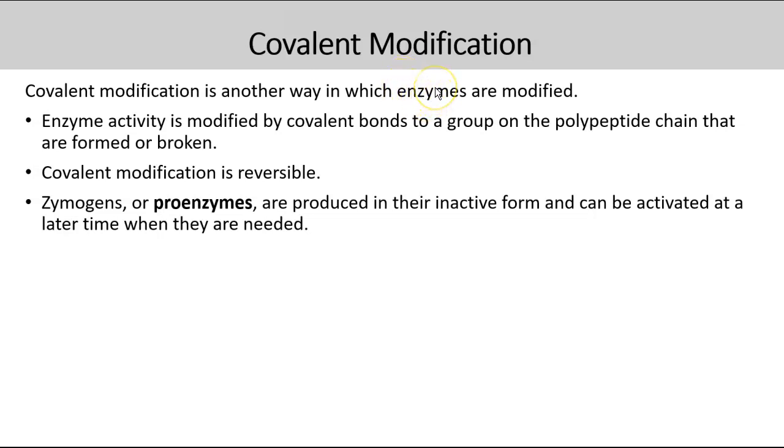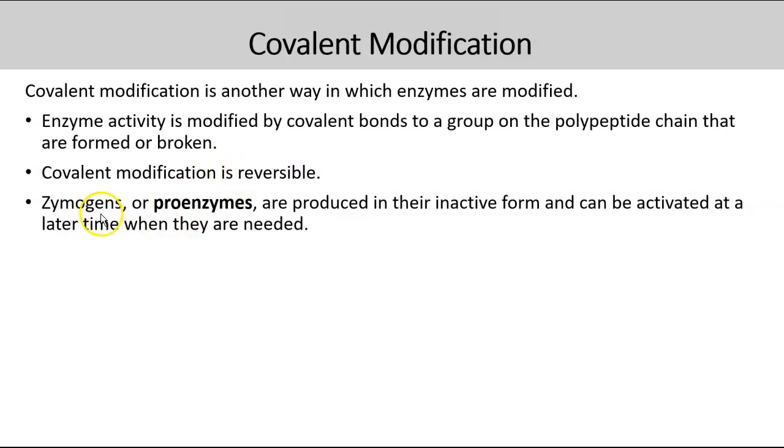As a result, the enzymatic activity can be controlled. Now, this type of covalent modification is reversible, which means they can actually go back to the original enzyme after releasing the functional group.